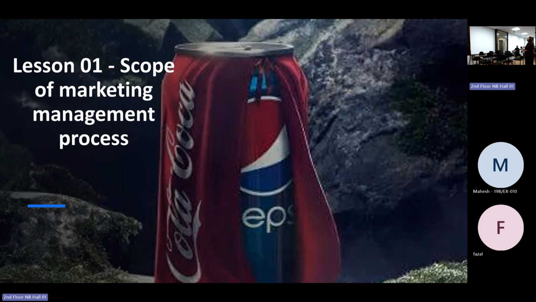Before that, I will be giving you a document. It includes some definitions of marketing. First, try to find out the key terms that you can find in all these definitions. There are a few definitions relevant to marketing, and you can highlight or underline the key points or key terms you find. You can do that first.